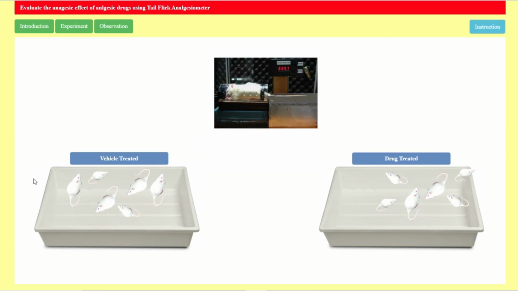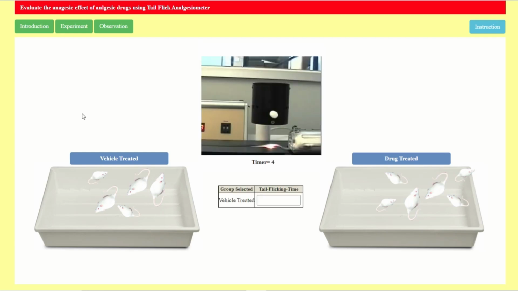We will click the first animal first. Here it is showing 8 seconds to flick its tail, so we will write 8. We will check another animal likewise.